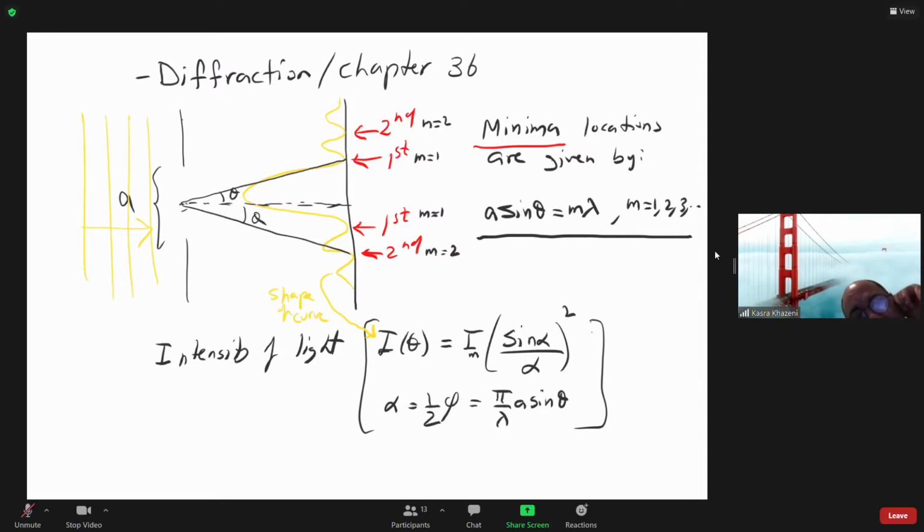And you will get exactly the minima that we have written on the top. Okay? How about the maxima? How do we find maxima? Well, you can always take the derivative of the I of theta as a function with respect to theta, and then set that equal to 0 to find your maximum and minima. And then you have to decide which ones are maximum, which ones are minimum.